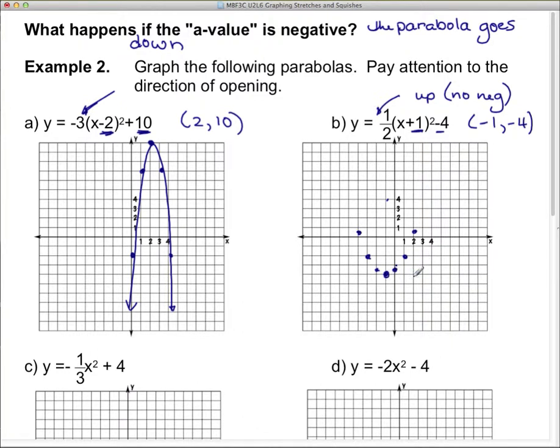Over 4 would have been up 4 squared, which is 16, but now I only do half of 16, which is 8. 1, 2, 3, 4, 5, 6, 7, 8. There and there. And that's enough. We might even be able to fit one more on there, but we're not going to. So that one opens up.